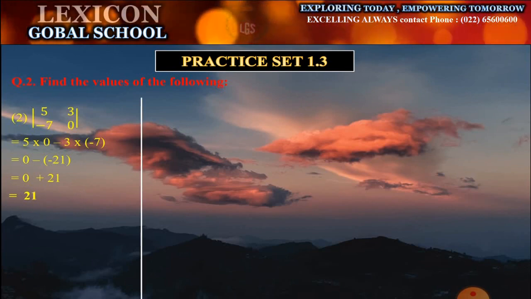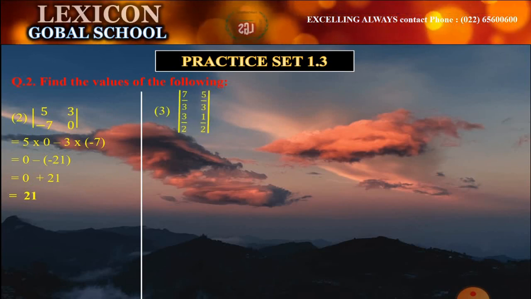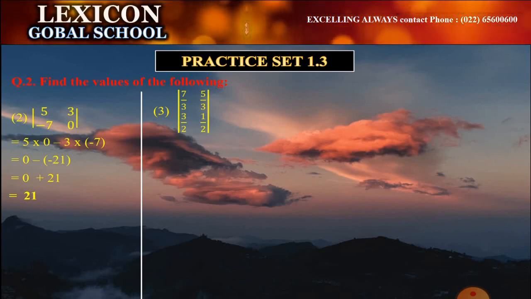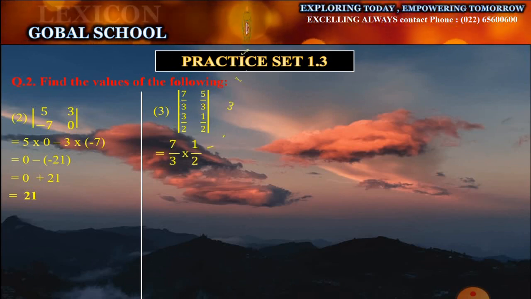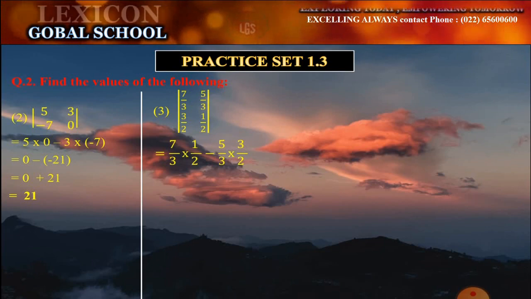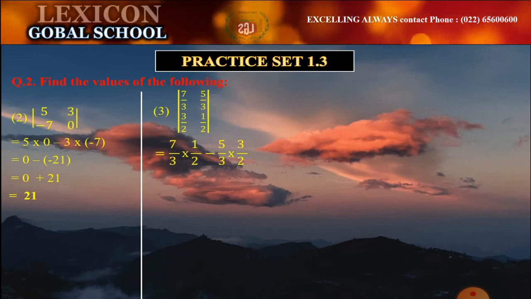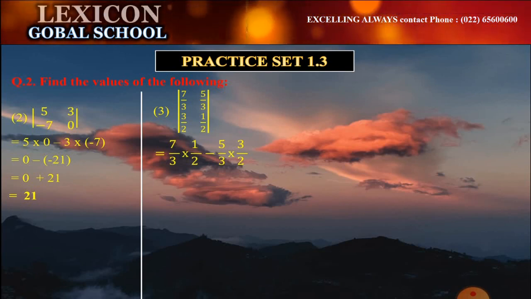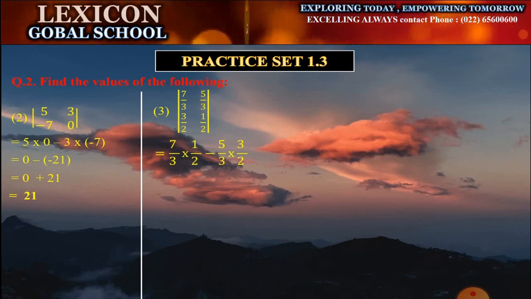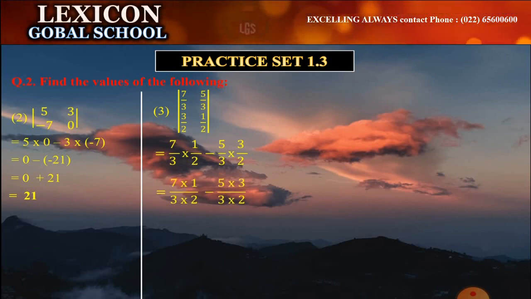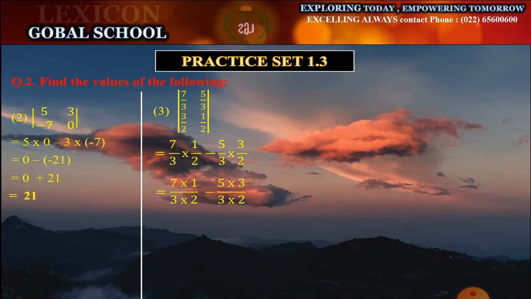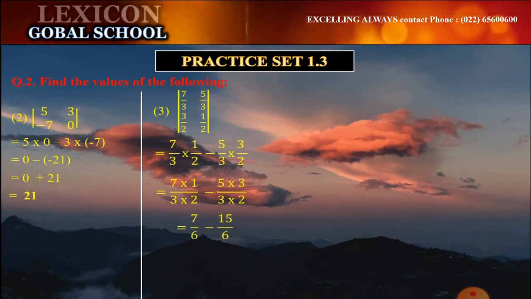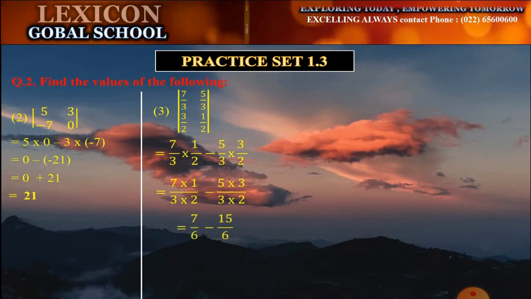Let us solve sum number 3. So you have a fraction in each and every case. Now we need to multiply 7 upon 3 into 1 upon 2. We have to do cross multiplication. 7 upon 3, 1 upon 2 minus 5 upon 3 into 3 upon 2. 7 into 1 is 7, 3 into 2 is 6. 5 into 3 is 15, 3 into 2 is 6.